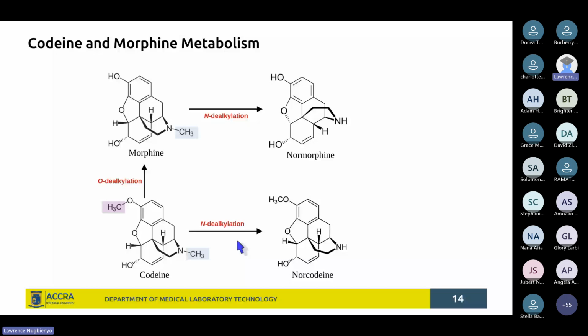Norcodeine will be more toxic than this. Morphine is also going to be more toxic. Even normorphine will be more toxic than morphine. So that process can result in toxification rather than detoxification. All right.